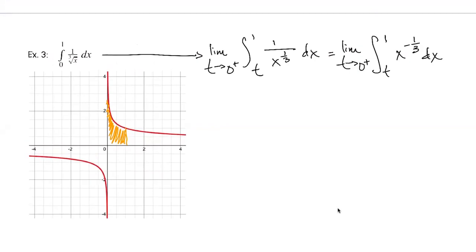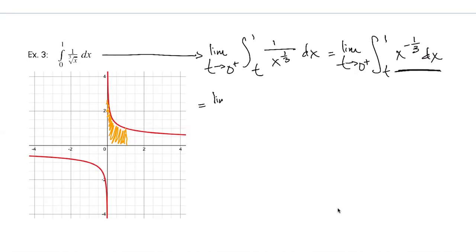So we're setting up our integral. We're going to take the limit as t approaches 0 from the right of the integral from t to 1 of 1 over x to the 1/3 dx. We can rewrite this as x to the power of -1/3.